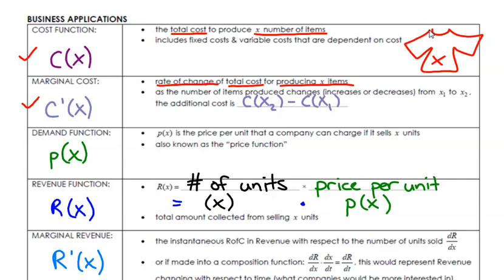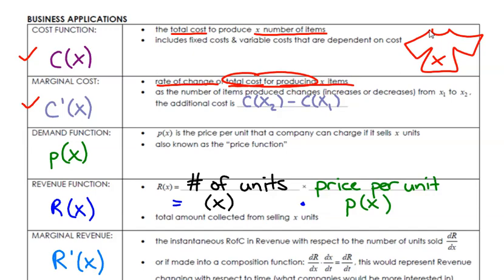Let's say that you want to buy a lot because you have a lot of demand for your t-shirts. If you're going to buy more and more fabric from a company, they might change their cost for you because they might be like, oh, you're actually buying a lot, I'm going to give you a deal. If you buy this much more, I'm going to give you a deal. And that's going to affect the total cost of your actual production of your t-shirts. So this is what we call a marginal cost.